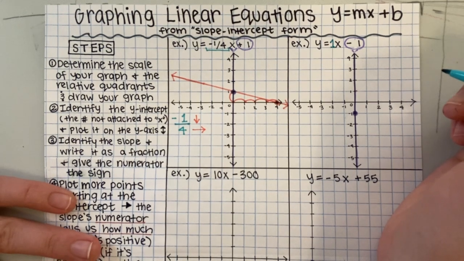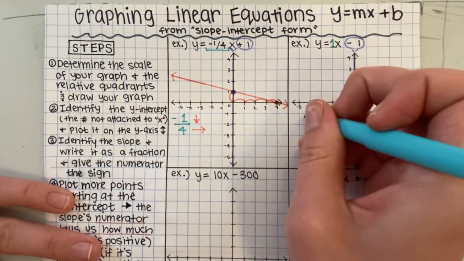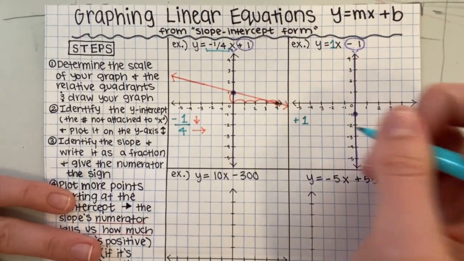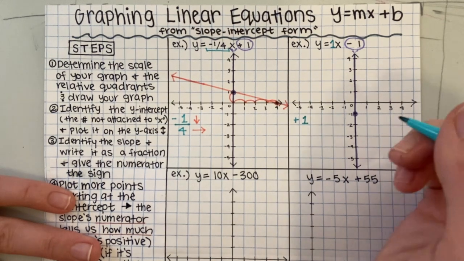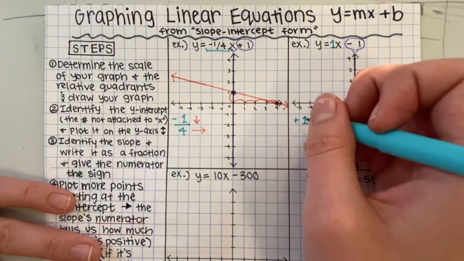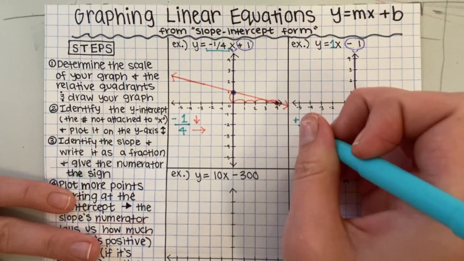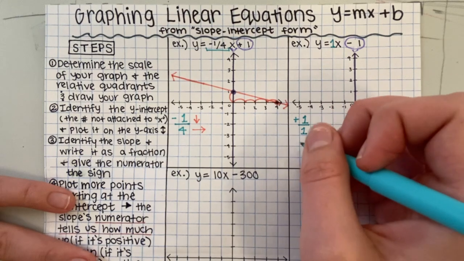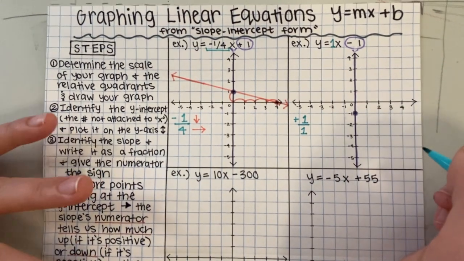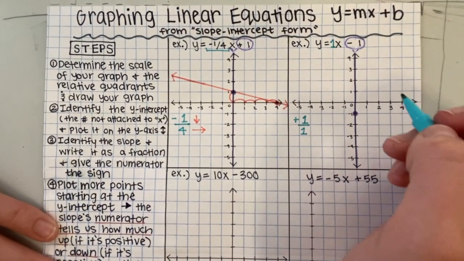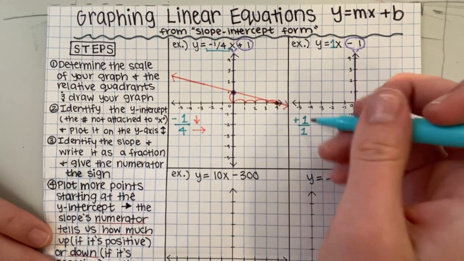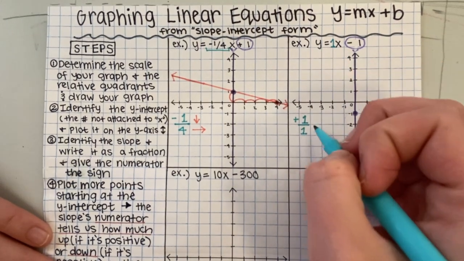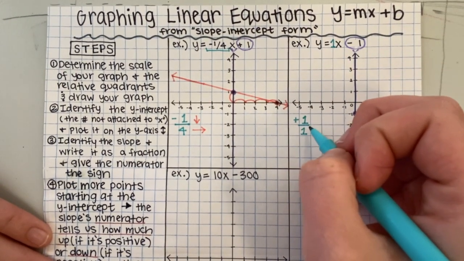So I know that this coefficient is 1. And there's no sign in front of it, so I know it's a positive 1. I also have to remember that when I'm given a whole number, there's an invisible denominator of 1. So I've got all these invisible numbers that I need to remember when I'm given an x without anything attached. So my slope, looking at this, is just 1, which means I'm going to go up 1 and right 1.